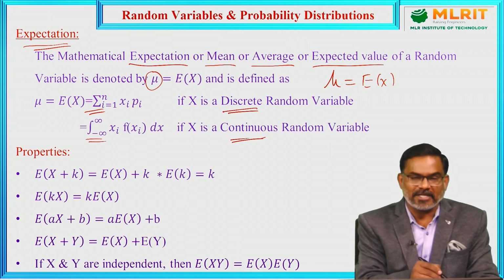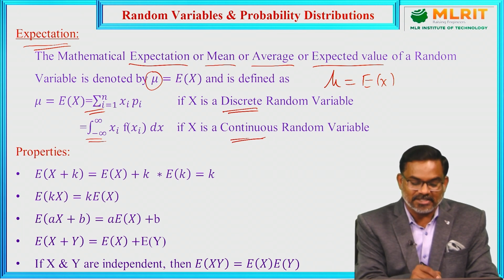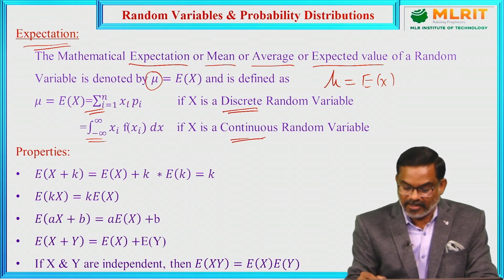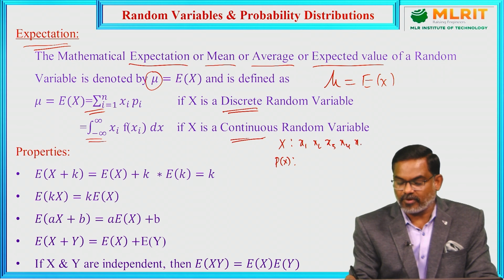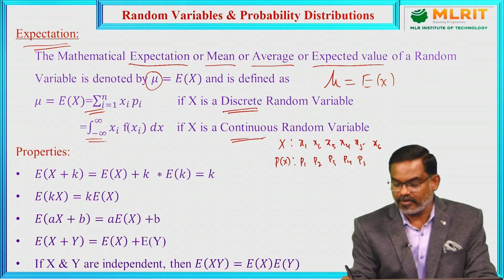The expectation or expected value of a random variable capital X is given by the sum of the products of xi and pi. From the probability distribution, for example, there are 6 values x1, x2, x3, x4, x5 and x6, and corresponding to each value we calculate the probabilities p1, p2, p3, p4, p5, p6.